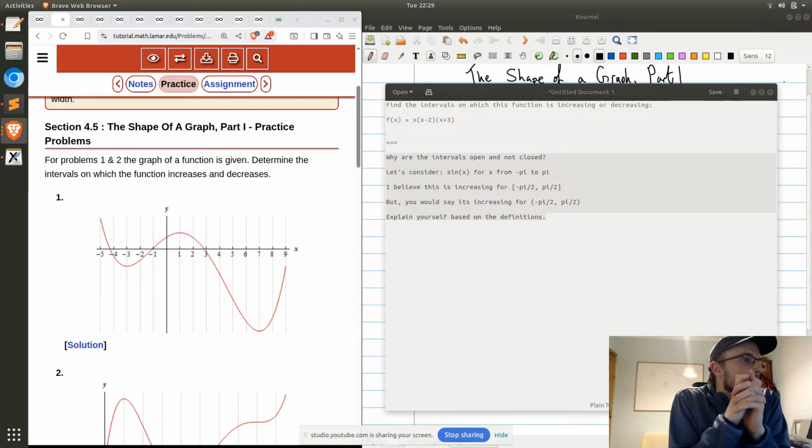Okay, so there are two common definitions. There's strictly increasing and non-decreasing.